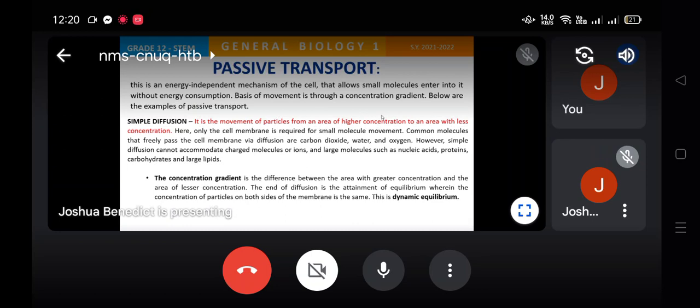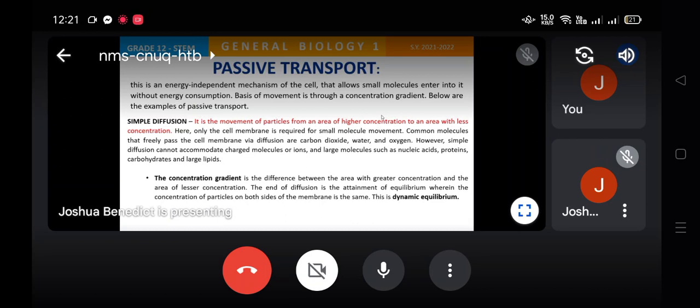Okay? So in simple diffusion, again, movement of particles from higher to lower concentration, and only the cell membrane is required for small molecule movement because the cell membrane regulates what enters and exits inside and outside of the cell. So common molecules that freely pass the cell membrane through simple diffusion are water, carbon dioxide, and oxygen.